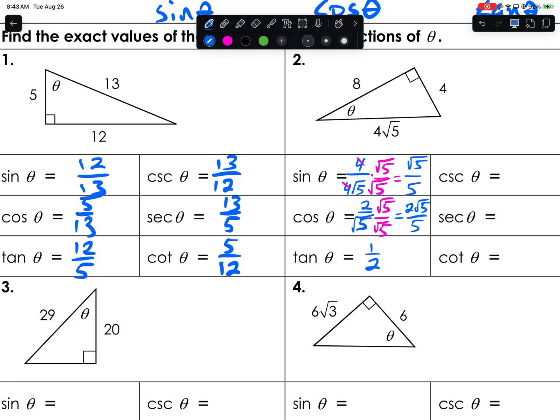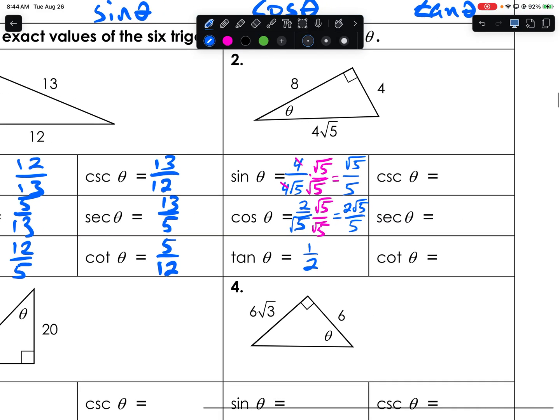Now, when I look at the cosecant, I know I'm flipping the fractions. So I wouldn't always look right here because then I have to rationalize. If I look at it right here, what does it flip? Root 5, right? Because the 4s cancel. So just root 5. If you put over 1, I'll take a half point off because you don't need to divide by 1. It stays the same, right? I'm annoying like that. You got to reduce it always.